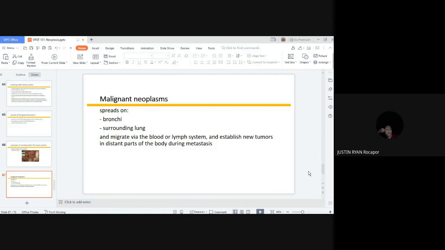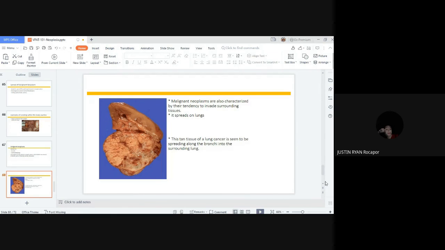Cancer has the ability to spread to any part of the body, however, it frequently invades bones, liver, and lungs. As you can see on the right side of the slide, this is a tan tissue of a lung cancer that is seen spreading along the bronchi into the surrounding lung.